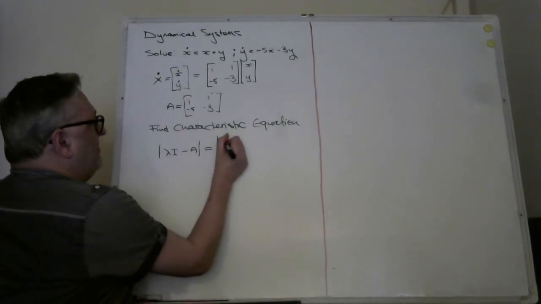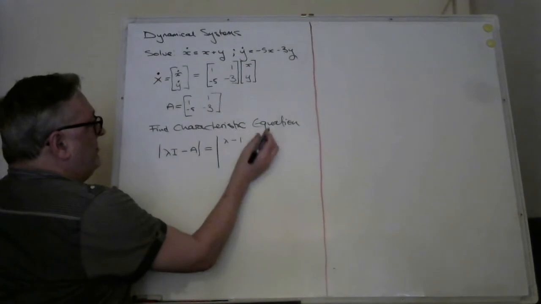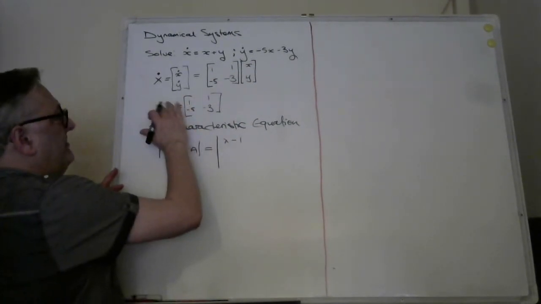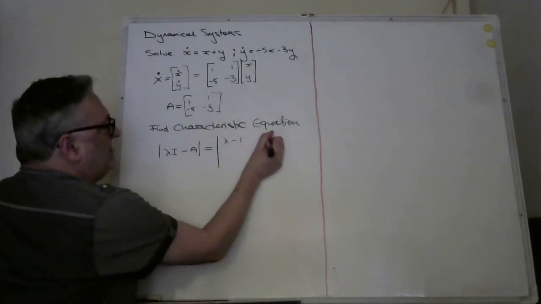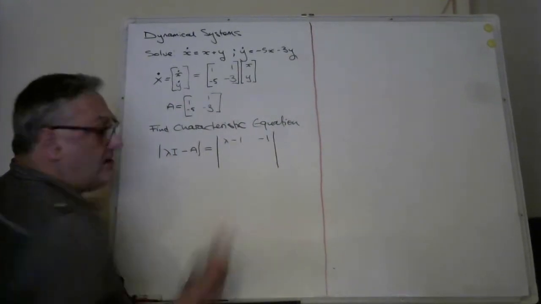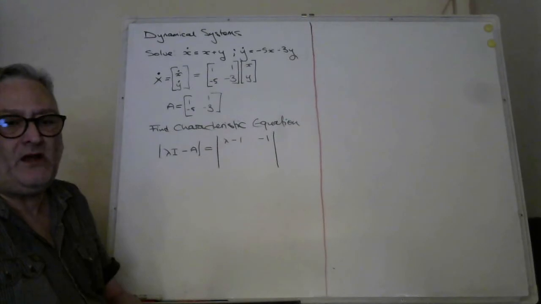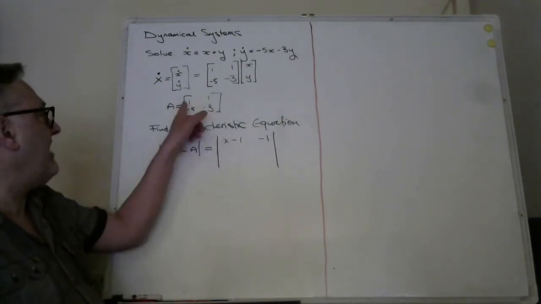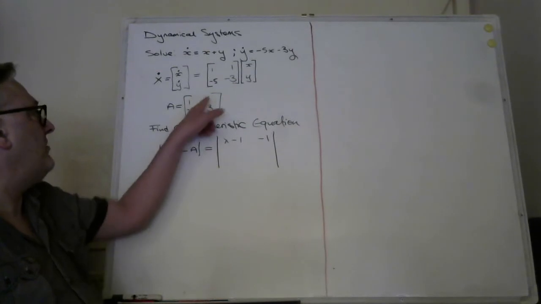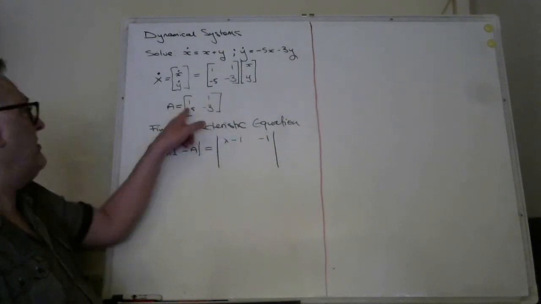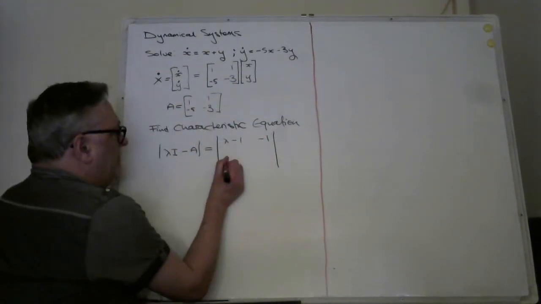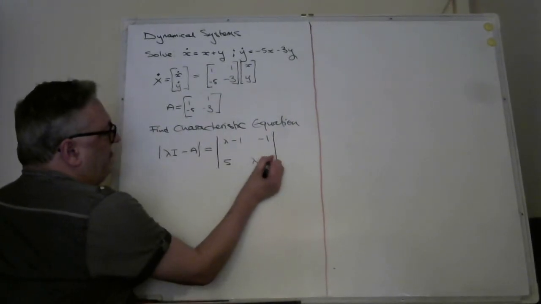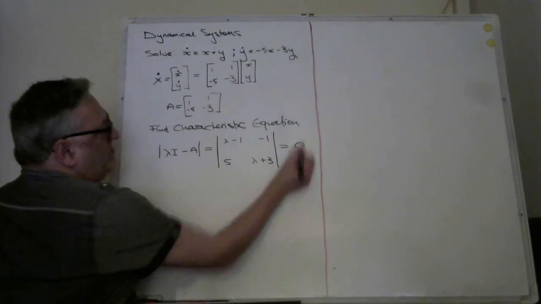So we have lambda minus 1. We're subtracting this matrix A, so we get a minus 1 here. If you go through the steps that I showed you in previous videos, you'll find that that comes out to be lambda minus 1, that becomes a minus 1, that becomes a plus 5, and here we have lambda plus 3, and that's got to be equal to 0.